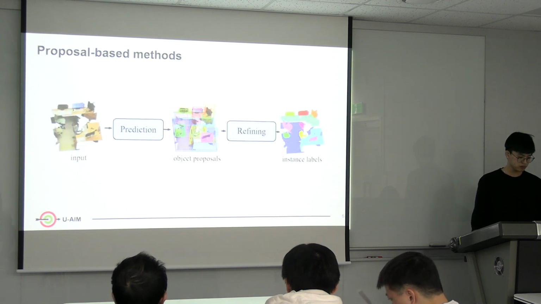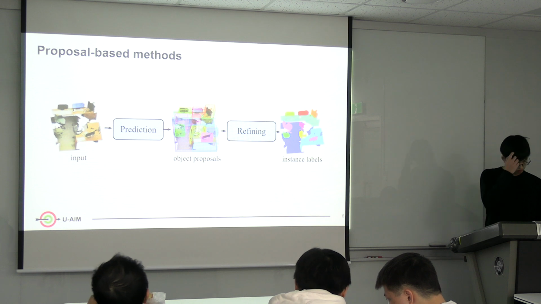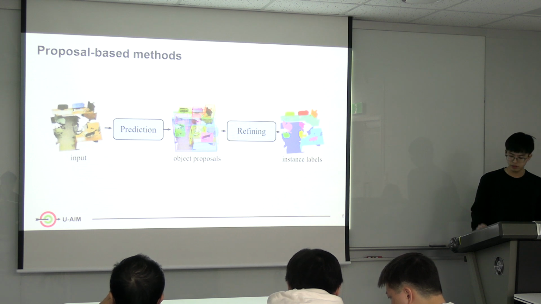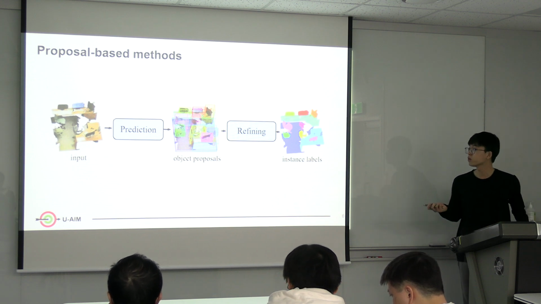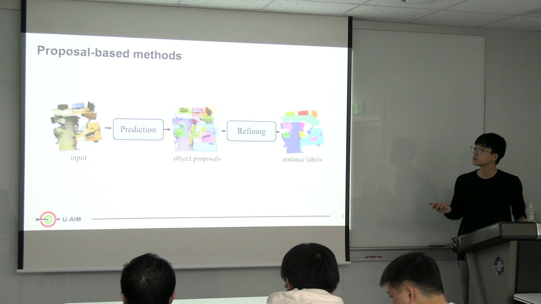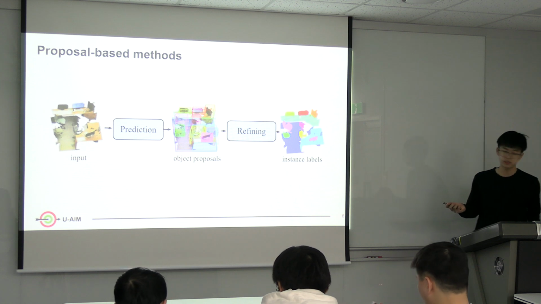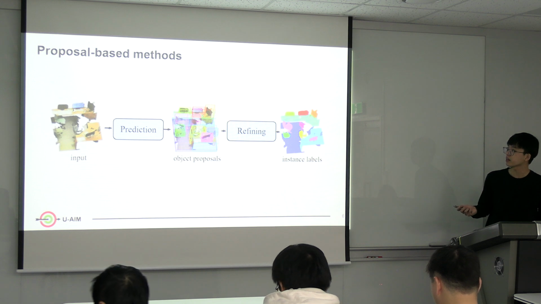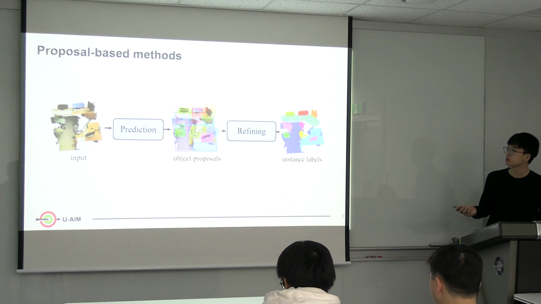In the first method, the proposal-based method, we predict the object proposal, usually the bounding box of the object, and after that, we refine that object proposal into the instance mask.